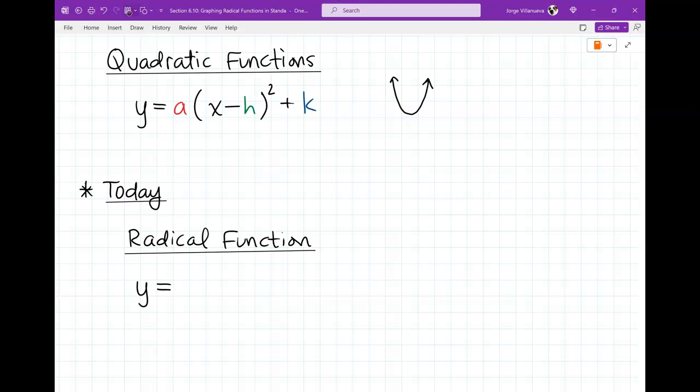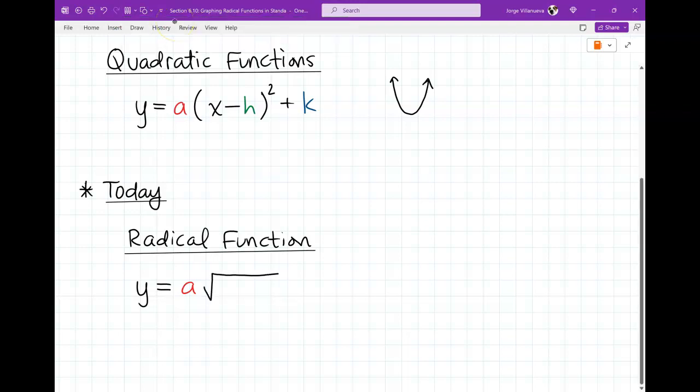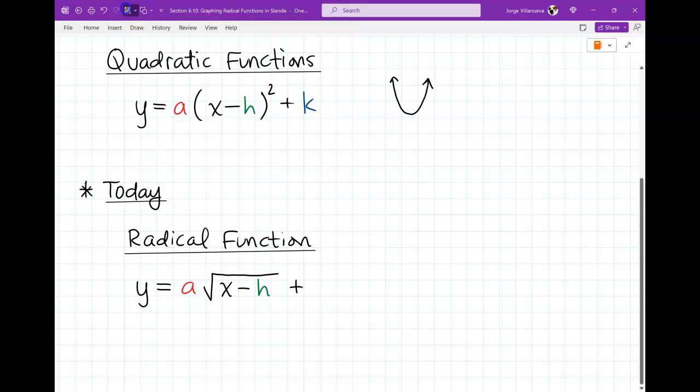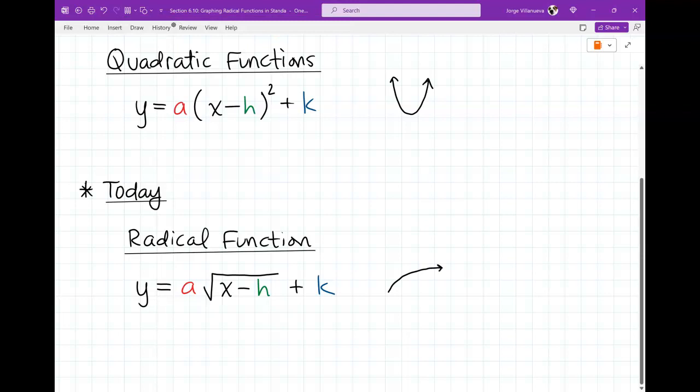I get y equal to a, and then we're going to do square roots. We're not going to do cube roots. We're just going to do square root. X minus h, and then plus, and then a k. And these graphs look like this.